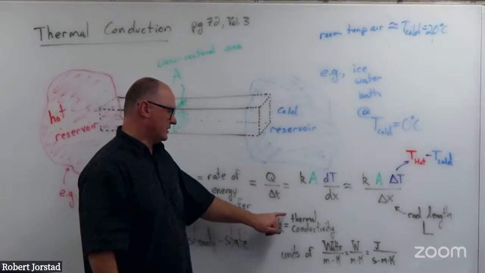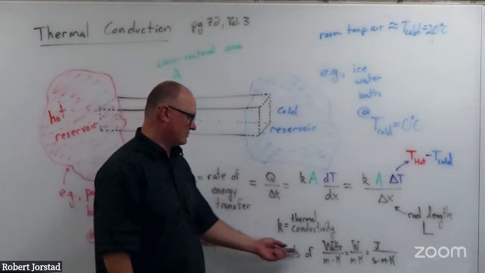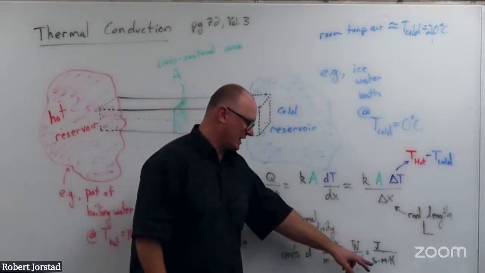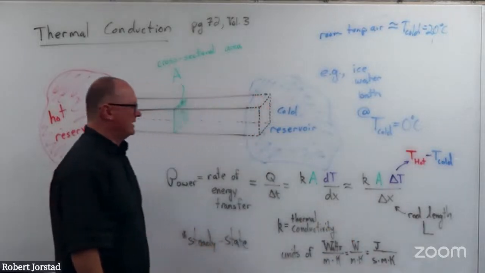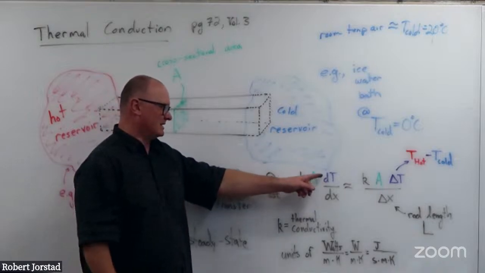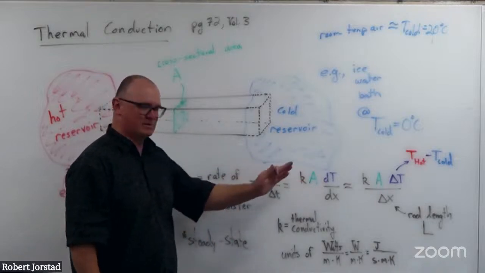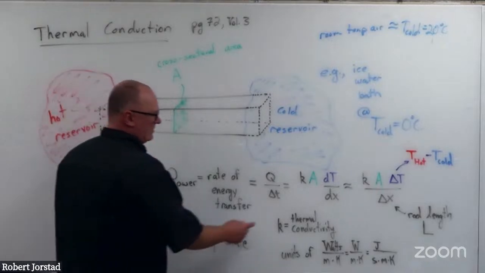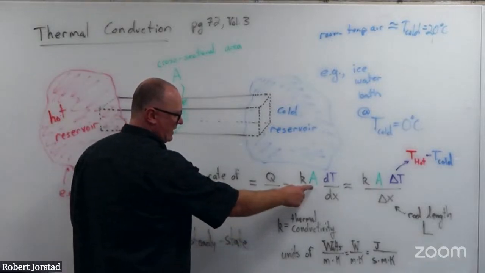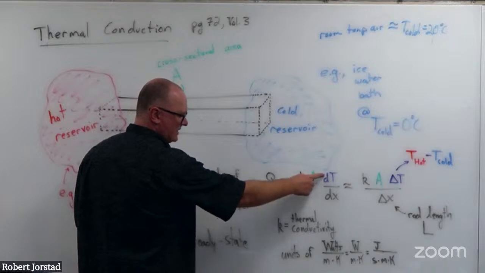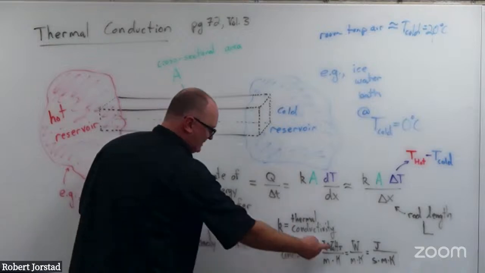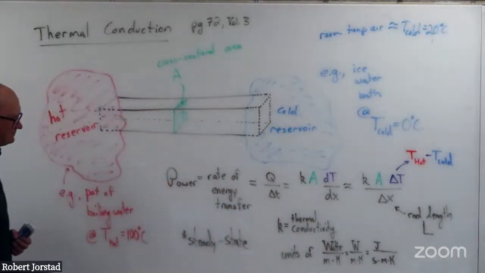K, which is called thermal conductivity with these weird units, watts per meter per Kelvin, or joule per second per meter per Kelvin, times the temperature gradient, dT/dx, the amount the temperature changes per meter. So notice the units do work out, because this is in units of meters squared, this is in units of, say, Kelvin over meters, so we get basically watts or power.